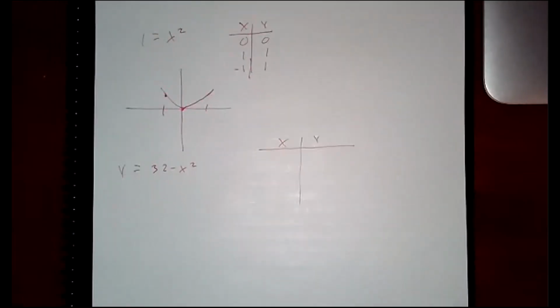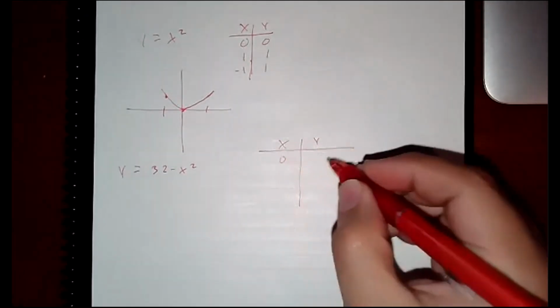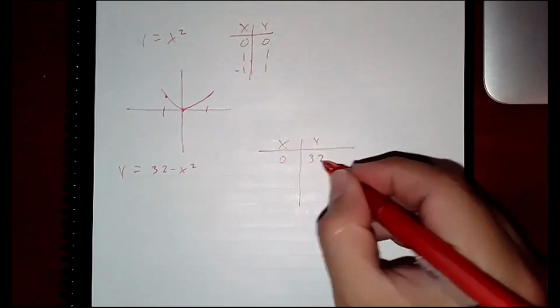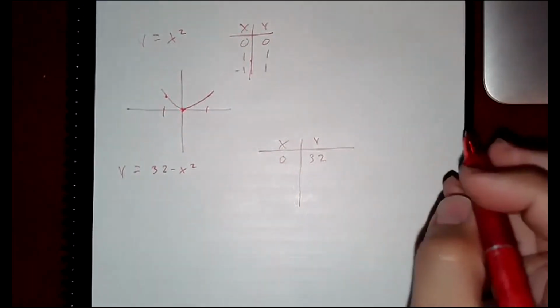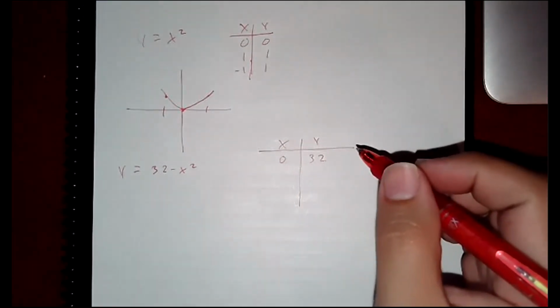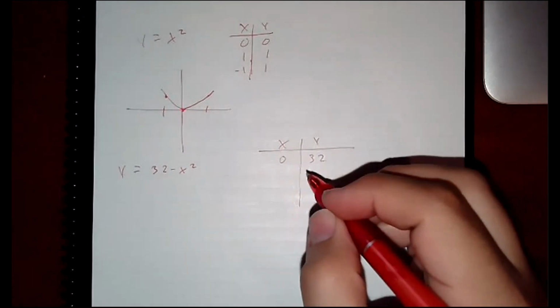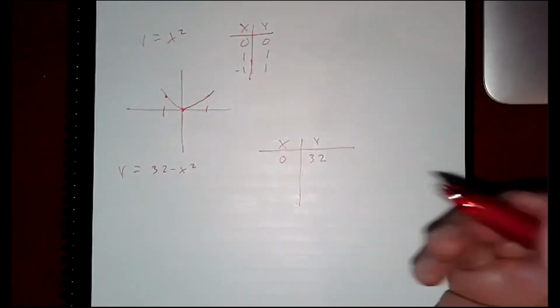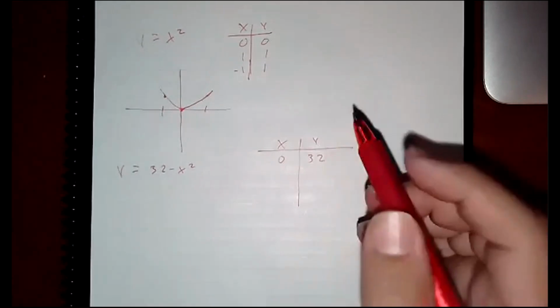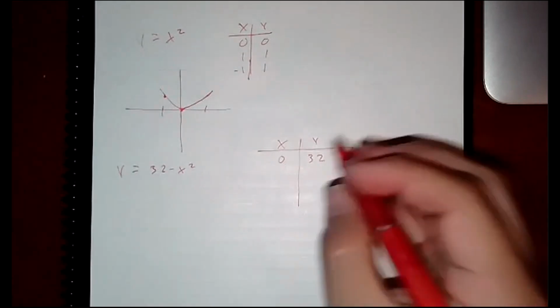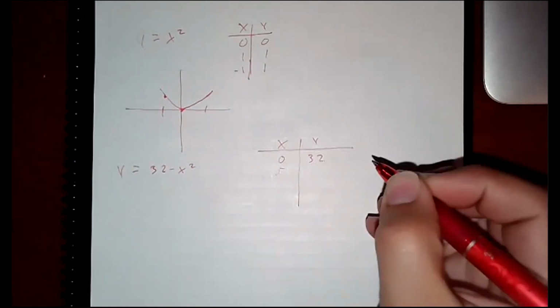So on this one, I need to pick some easy points. 0 is the vertex, so I'm going to get 32, right? Right. Now I'll try to pick something that'll show up on the picture. I picked 5 because I wanted to subtract from 32, but you could pick anything. So I just chose 5 for fun.